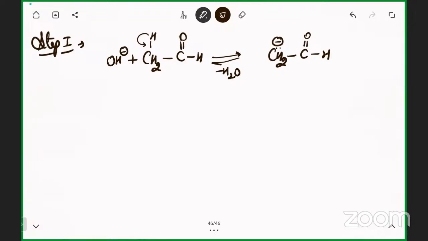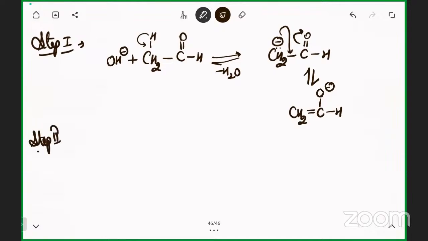This particular compound is formed just because the hydrogen is eliminated here. Now we'll make the tautomer: the negative charge will migrate here, the double bond will migrate here. So the compound formed will be CH2 double bond C, O with the negative charge, and the hydrogen. In the second step, what will happen?